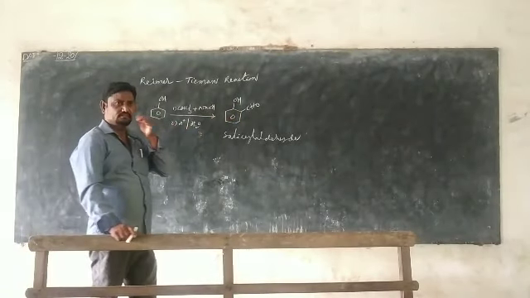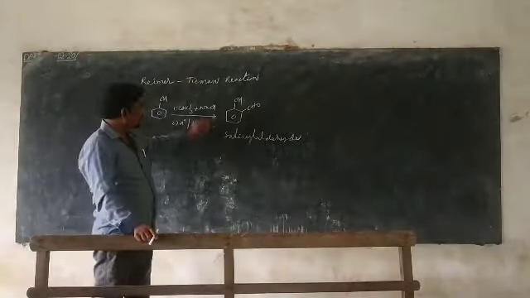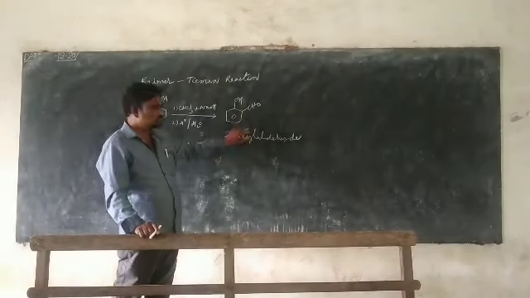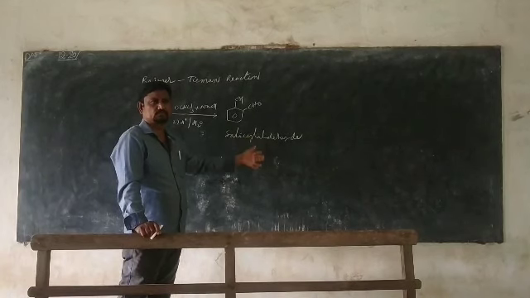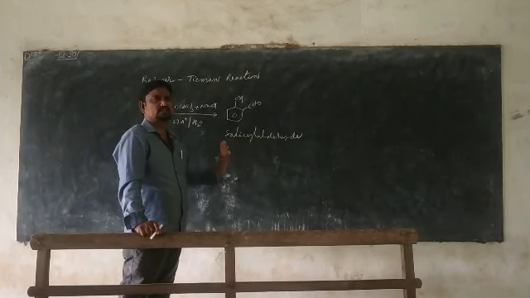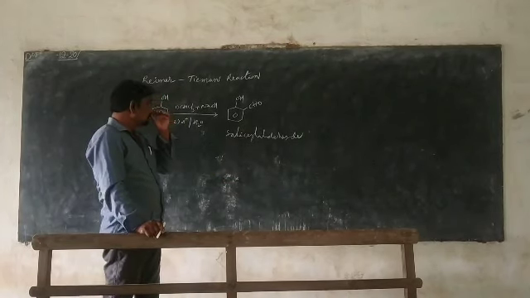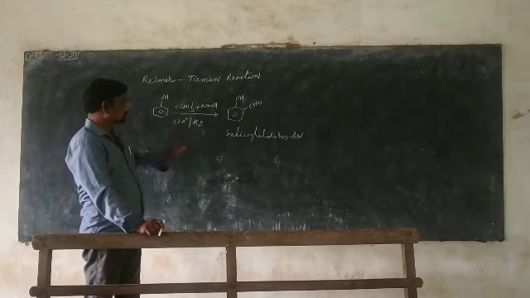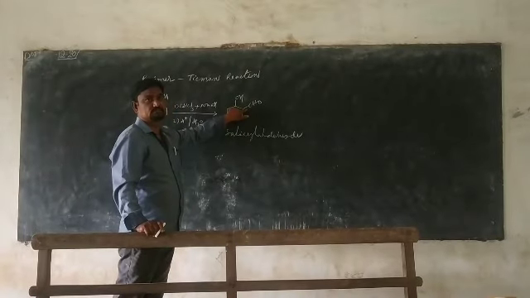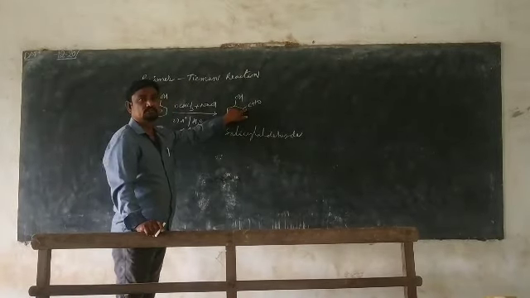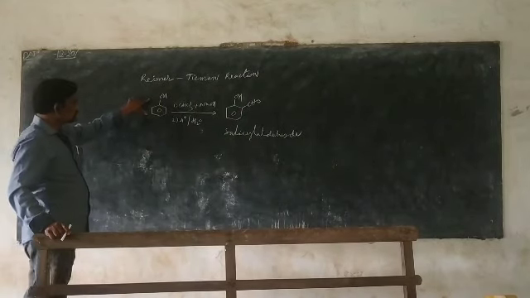In this case, the major product is ortho-hydroxybenzaldehyde, known as salicylic aldehyde. The minor product obtained is the para-isomer, para-hydroxybenzaldehyde. But the main product has the CHO group introduced at the ortho position.